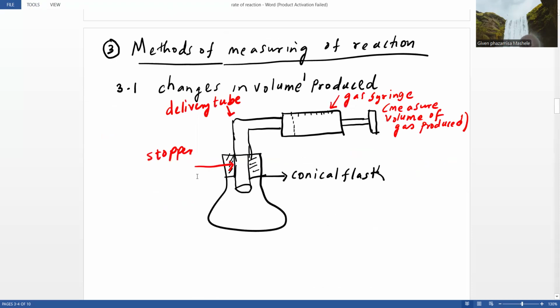So it's very important for one to be able to know this: changes in volume of a gas produced.